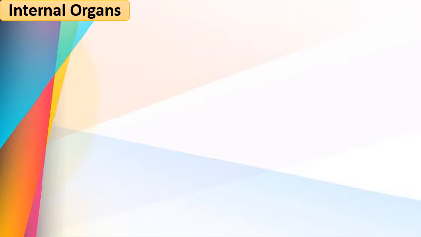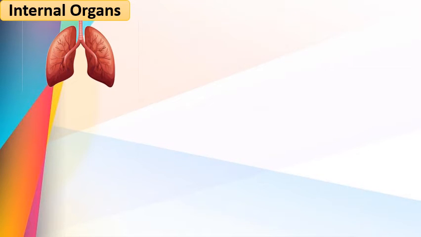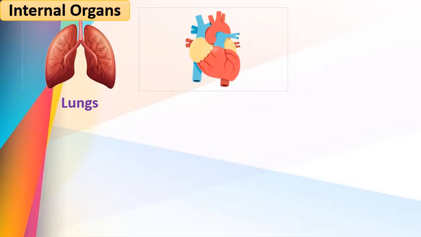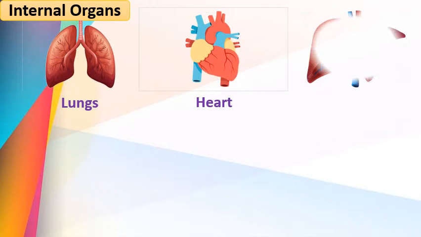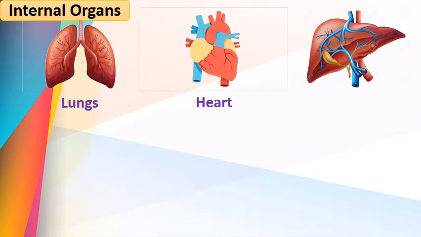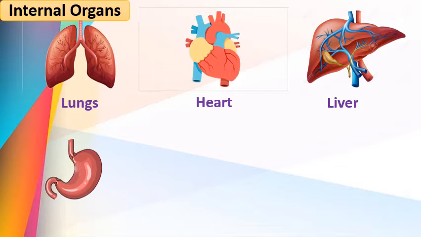Students, we will go through some of the examples of internal organs. Okay. These are lungs. This is our heart. This is liver. This is our stomach.